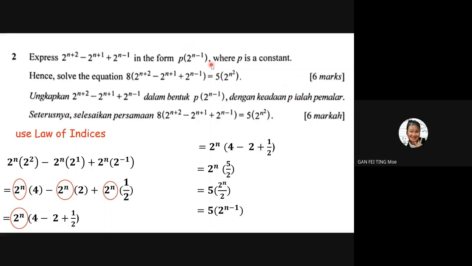Masalah sekarang, the question never asked you for the value of P. So then you need to continue to the next slot. So just tinggalkan dia begini, means that this whole expression is equal to this, therefore your P is 5. Then you compare 2 to the power of n minus 1 is the same.